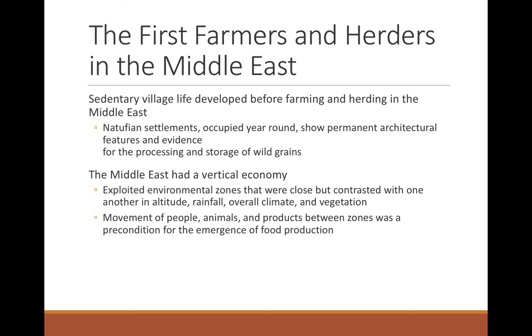And so people in different seasons move up and down the mountain to be able to cultivate or collect from different seasonally available stands, also to move their animals to grazing lands either higher or lower. The movement of people, animals, and products between these zones is a precondition for the emergence of food production.